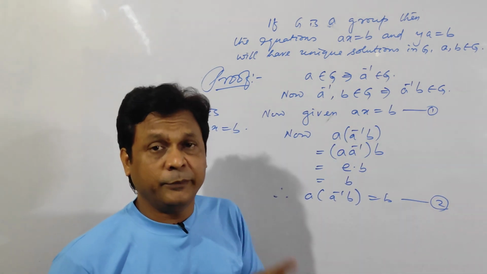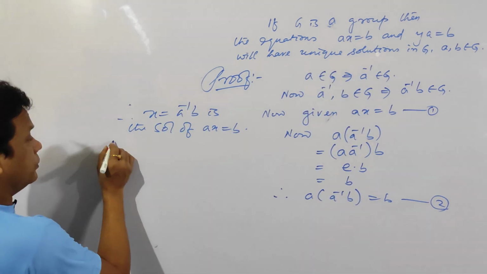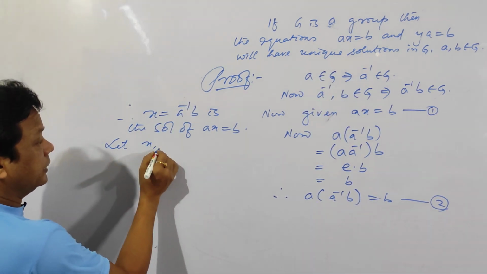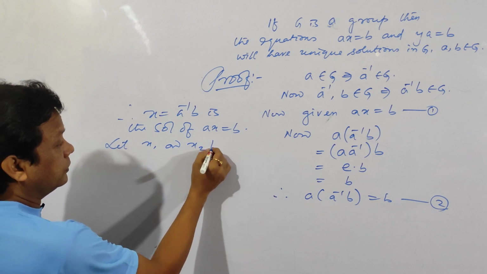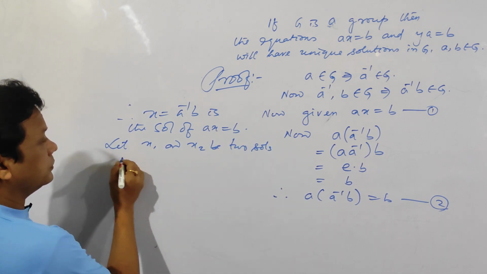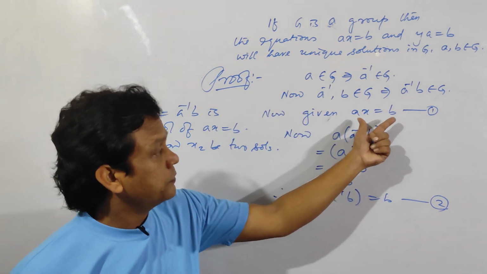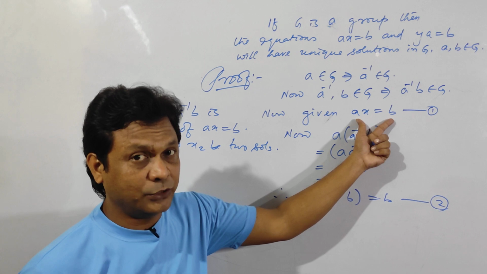Now the remaining part is you should prove the uniqueness. Okay, so for uniqueness, let x1 and x2 be two solutions. Clear? So therefore x1 and x2 both must satisfy this equation. Is that clear to you?